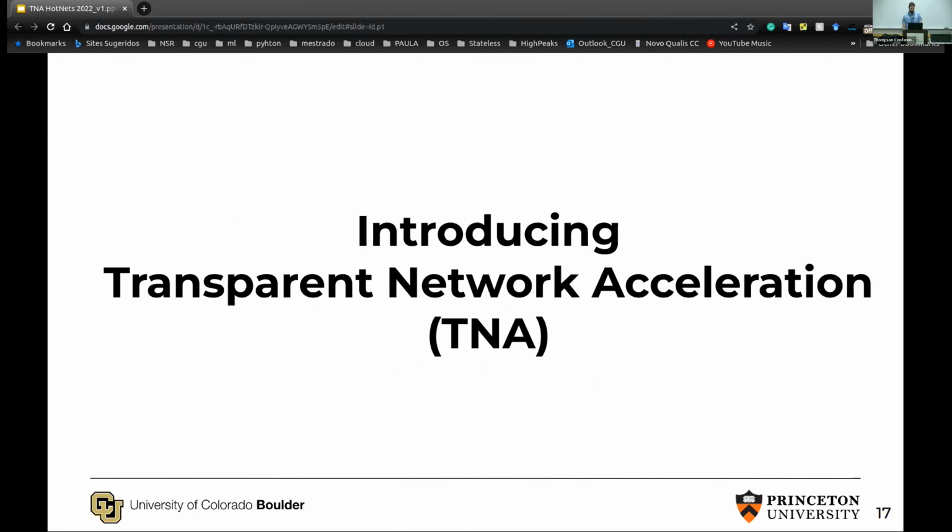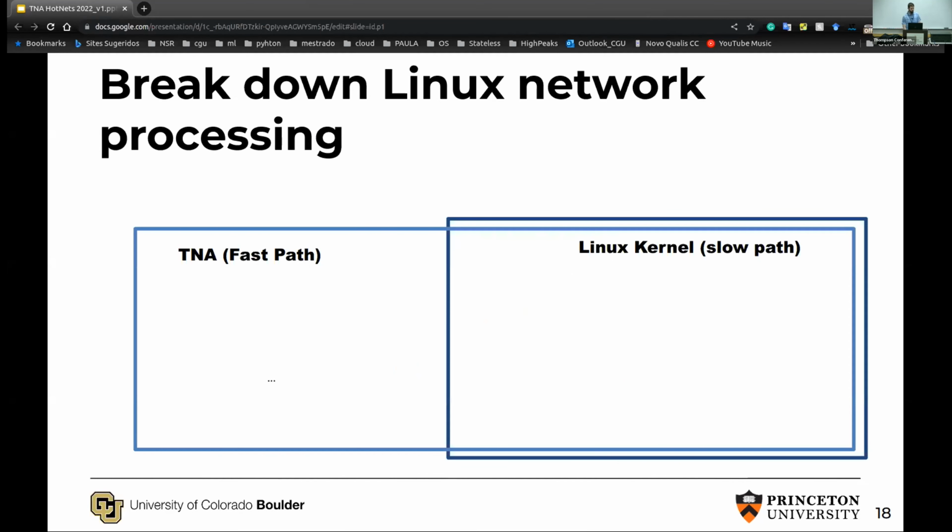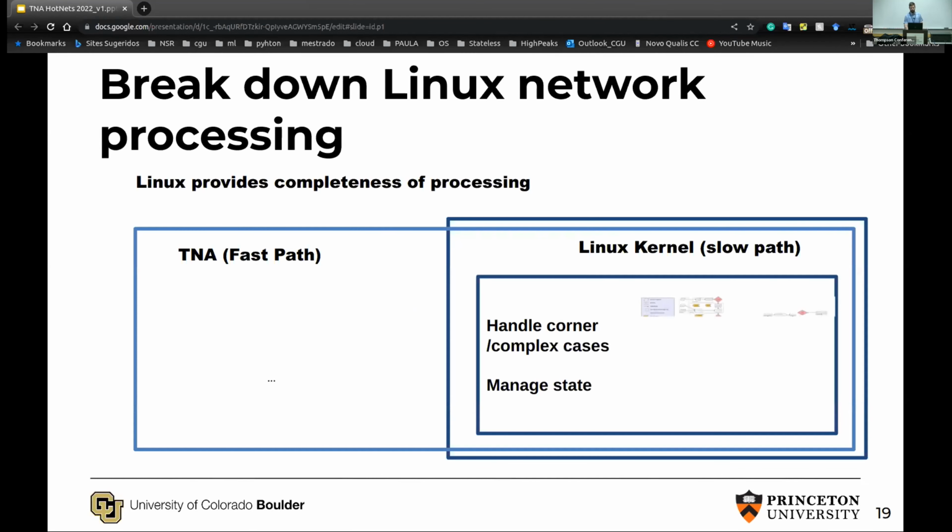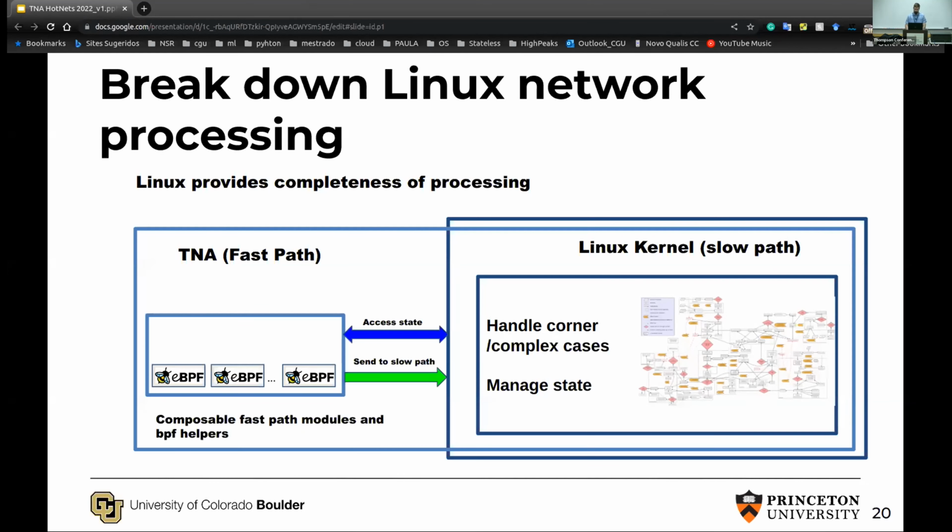To address those challenges, we now introduce our system called TNA, which stands for Transparent Network Acceleration. First, let's talk about how we break down Linux network processing in TNA. We do that by mapping complex functionalities, corner case processing, state management, and other unsupported processing to a slow path that's provided by the Linux kernel.